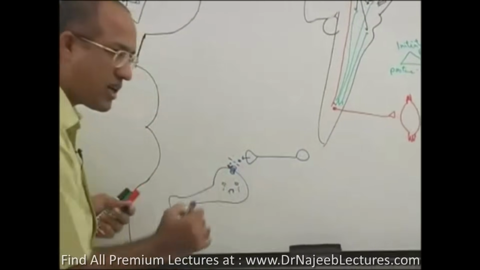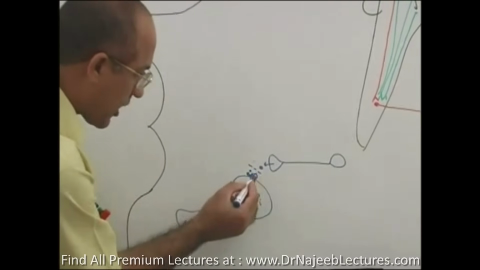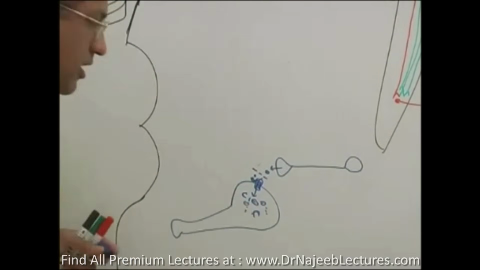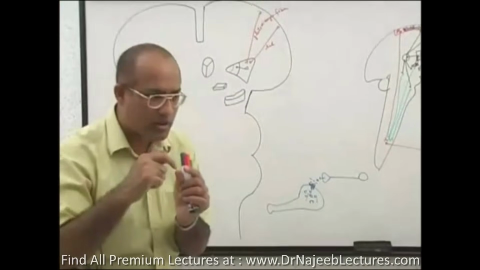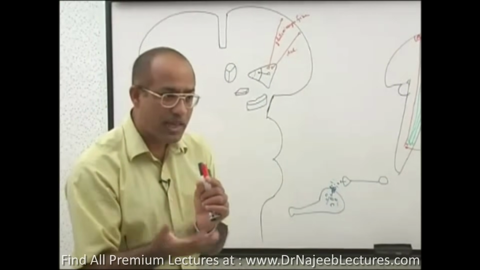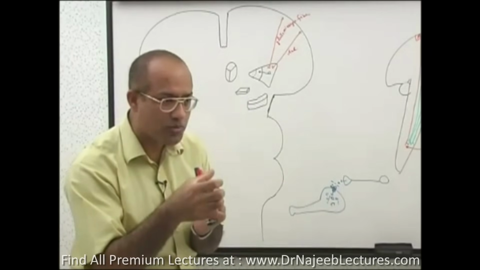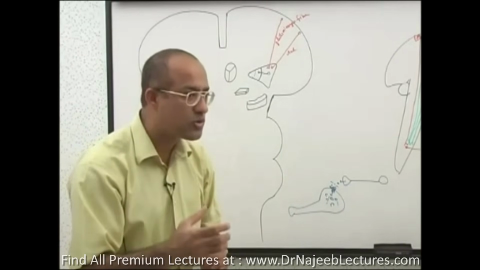Chloride is very rich extracellularly. So as soon as the chloride channel opens, a lot of chloride goes in. Whenever Gaba works on a receptor, some of the receptors of Gaba are coupled with chloride channels. Chloride channels open up, and a heavy amount of chloride goes in.